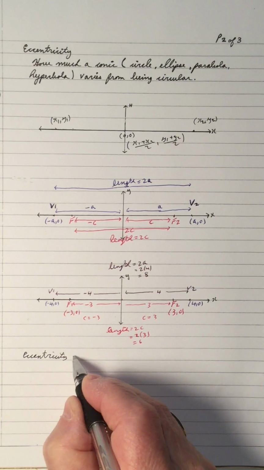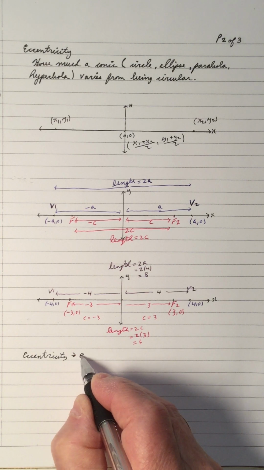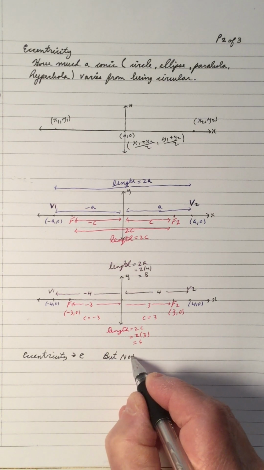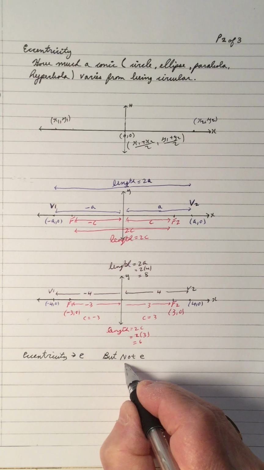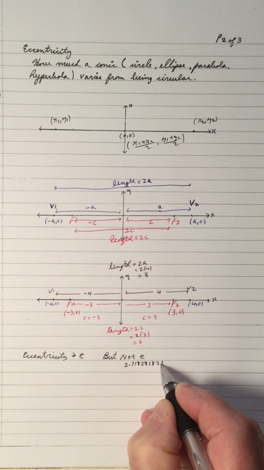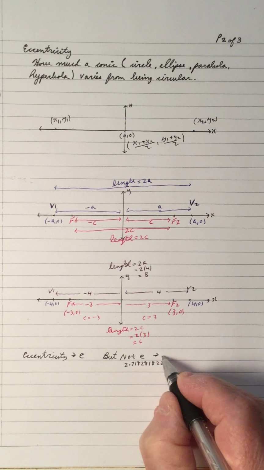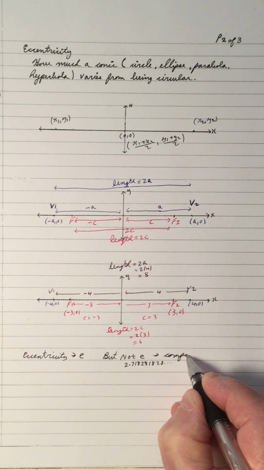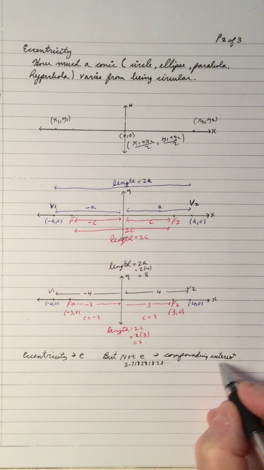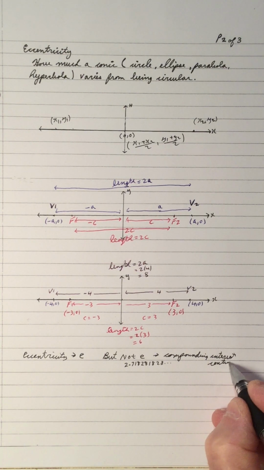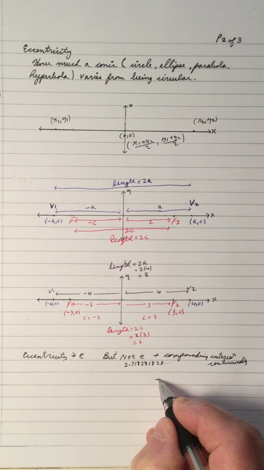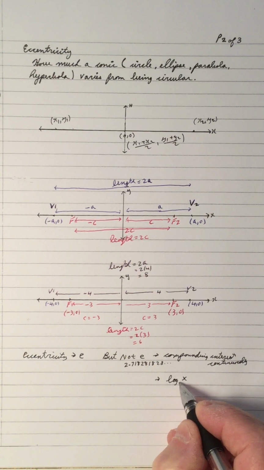The eccentricity is denoted by the small letter e, but I want to distinguish it: it's not the e, 2.718281828, an irrational number, that's in compounding interest continuously, or in what we call the log of x base e.